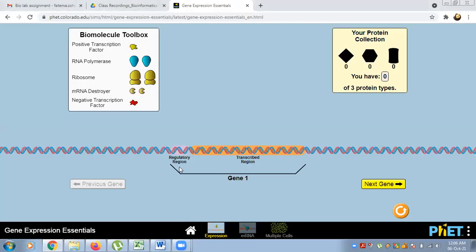So what we need to do is we need to start producing the protein. So first of all, we need to take out from the toolbox the positive transcription factor.